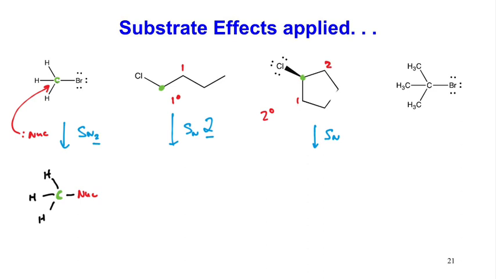You are half correct. When you see a secondary halide show up on a test, this sucks, because the secondary halide favors both. It's effectively a non-answer. It doesn't help you distinguish one versus the other.